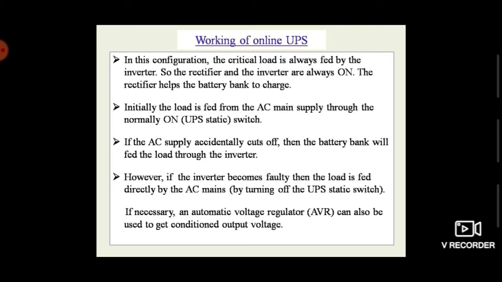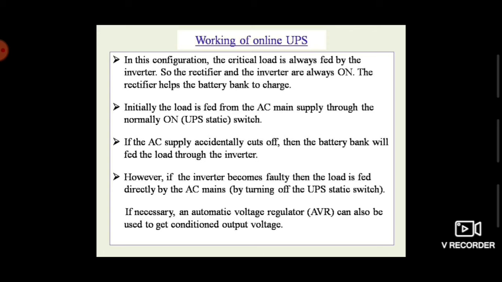If the AC power supply accidentally cuts off, then the battery bank will feed the load through the inverter. However, if the inverter becomes faulty, then the load is fed directly by the AC mains by turning off the UPS static switch and by turning on the main static switch.